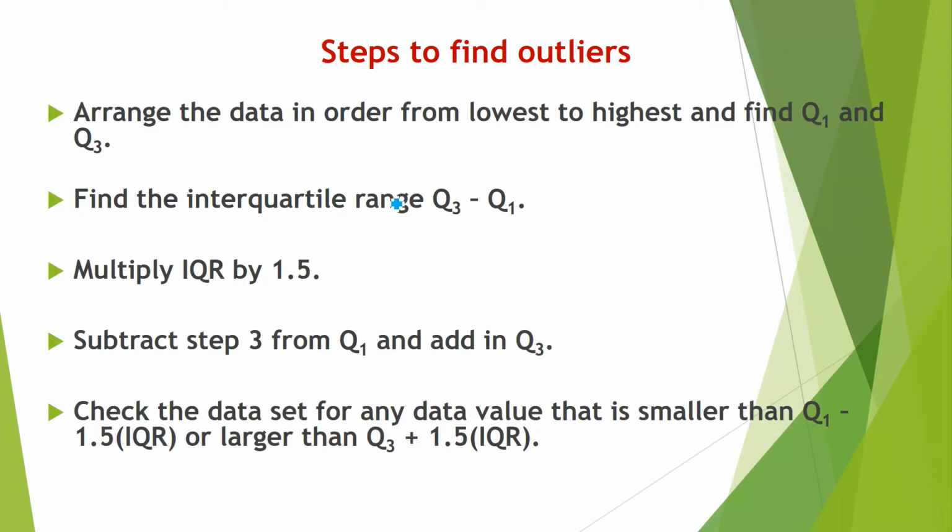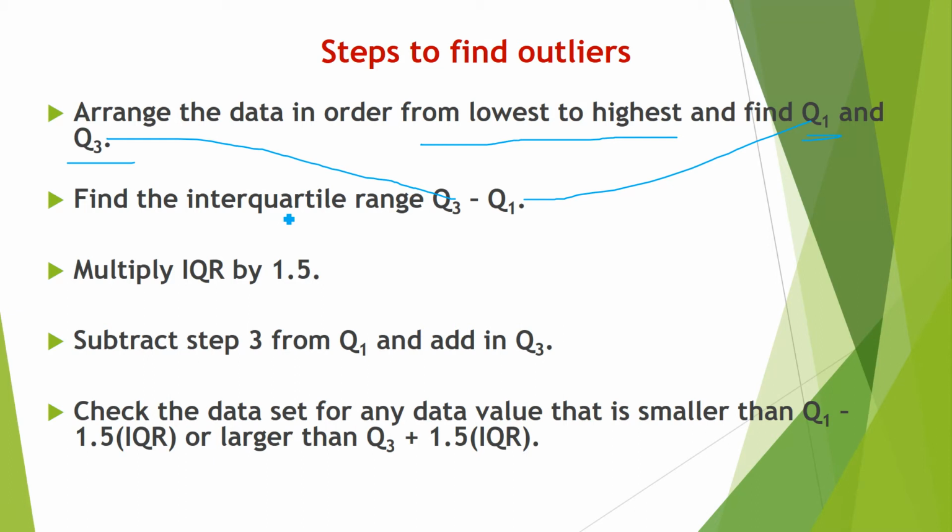So I will show you how to calculate with the help of these formulas. There are 5 steps. Whatever data you have, first of all you have to arrange the data in order from lowest to highest. Then you have to calculate Q1, which is quartile 1, and quartile 3. In the next step, you have to calculate the interquartile range, which is Q3 minus Q1.